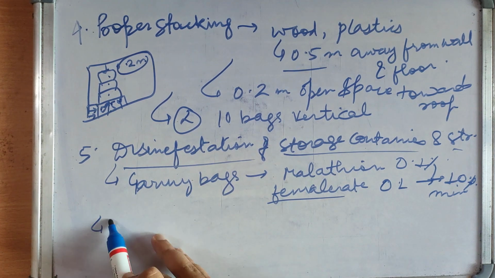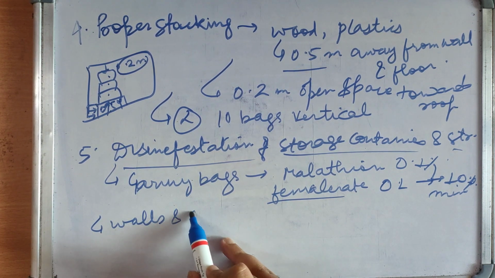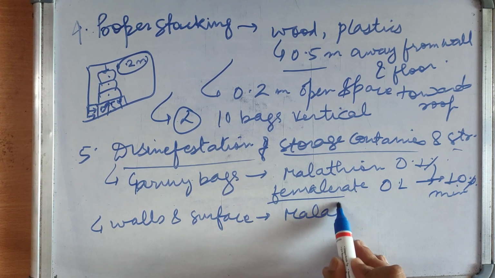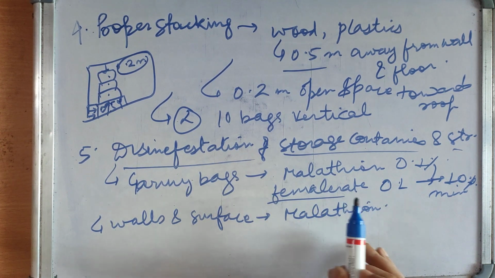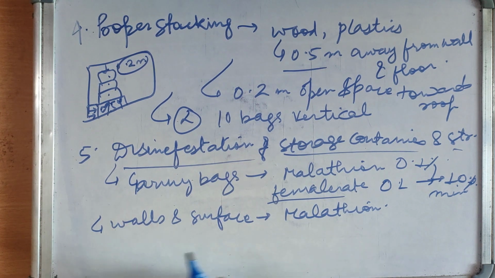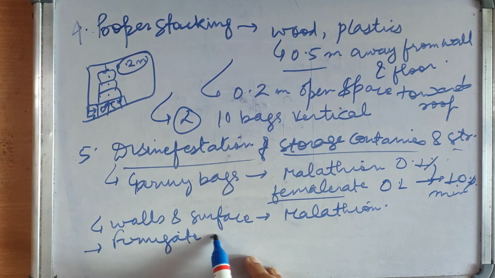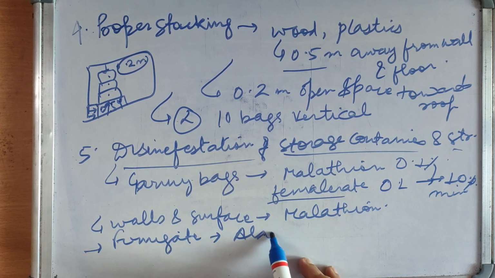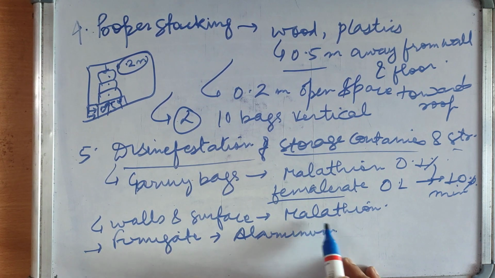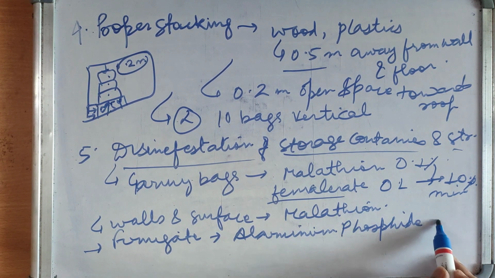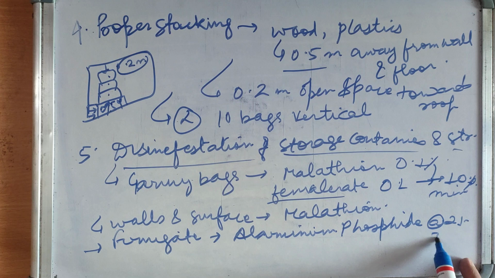We should treat walls and surfaces with malathion. We can fumigate the structures using aluminum phosphide, sorry, aluminum phosphide at the rate of 21 to 30 gram.